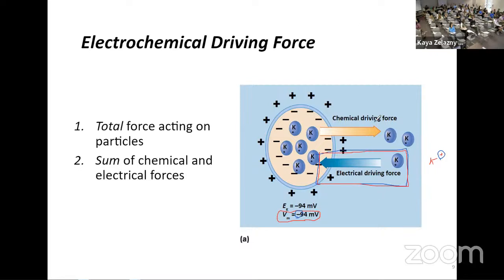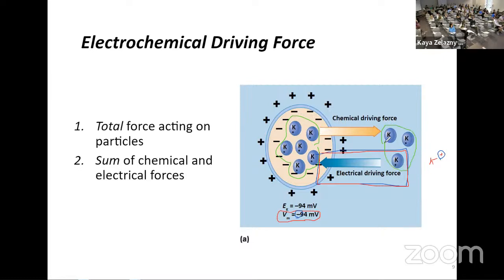But the chemical driving force may not be in the same direction. Here we can see we have more potassium ions inside this cell. We have 1, 2, 3, 4, 5, 6, versus on the outside, we only have 3.